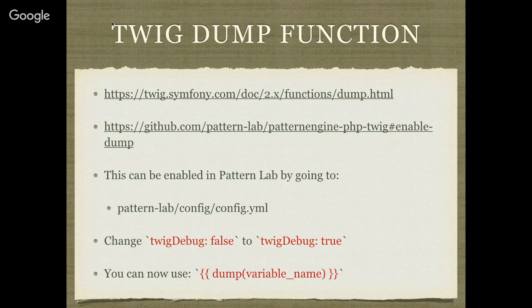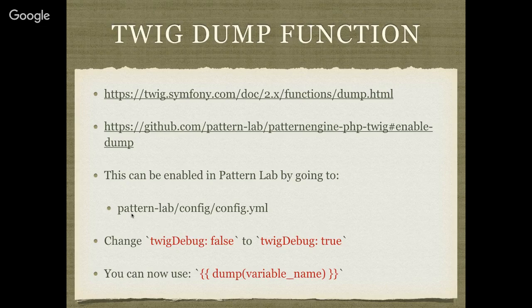Pattern Lab actually supports it, but one of the things you need to know about Emulsify is that Emulsify pulls Pattern Lab in the vendor directory, so none of it's committed. It's not part of your repository. So if you want to change this, I listed here how you go in.